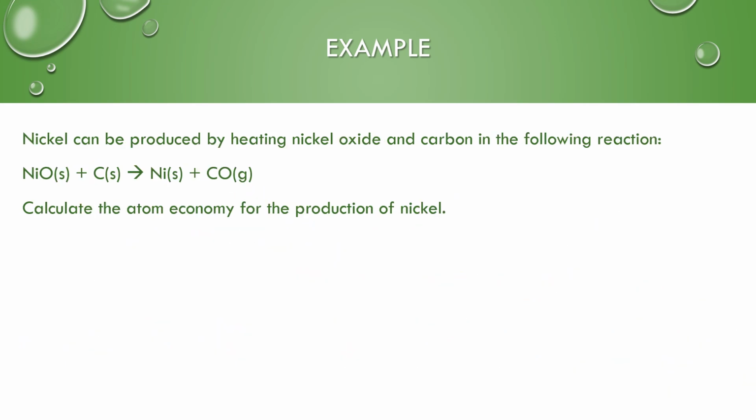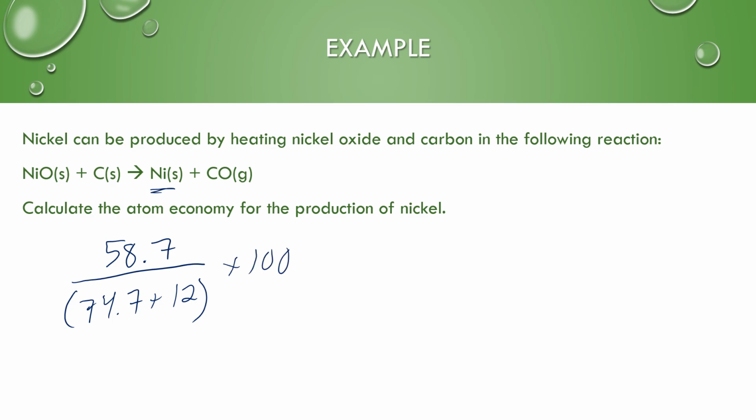Our second example here has to do with nickel. Nickel can be produced by heating nickel oxide and carbon in the following reaction. Calculate the atom economy for the production of nickel. So that means nickel is our desired product. Its molar mass is 58.7. And then the total for all of the reactants on the bottom there: 74.7 for the NiO and 12 for the carbon, and then times 100.